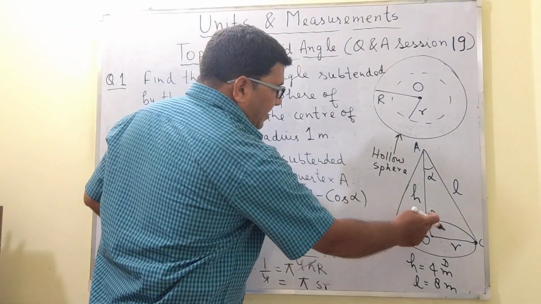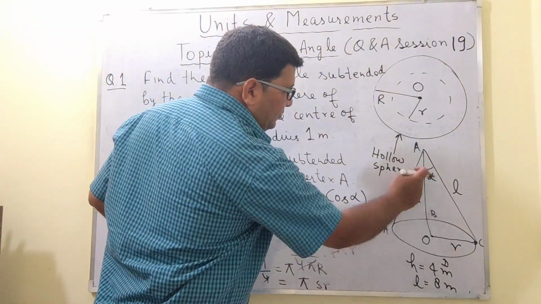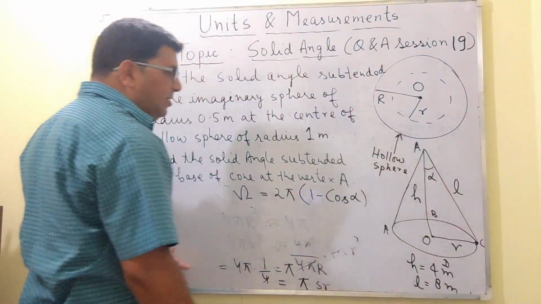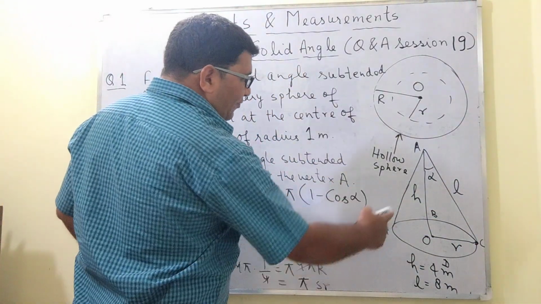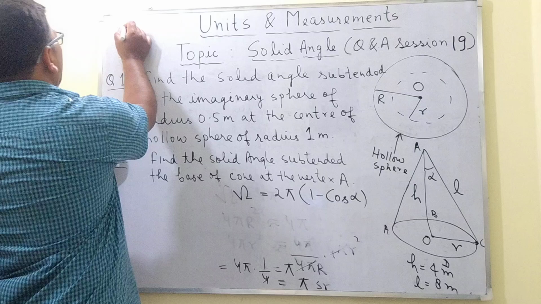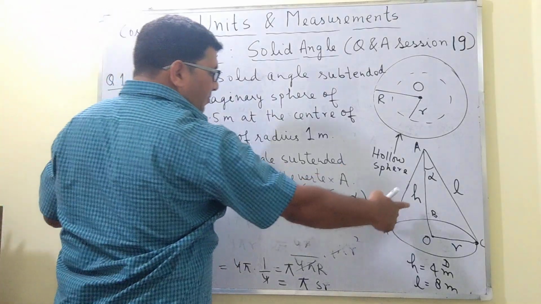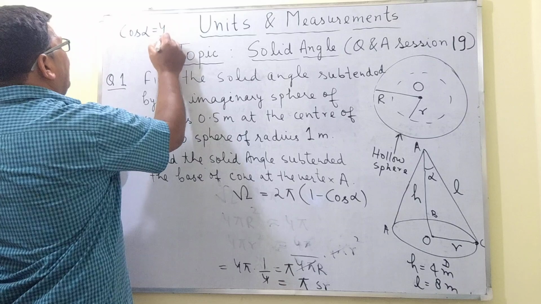Now here the height of this cone is equal to 4 meter and the slant height is equal to 8 meter. So the value of cos alpha will be equal to, based upon hypotenuse, 4 by 8.